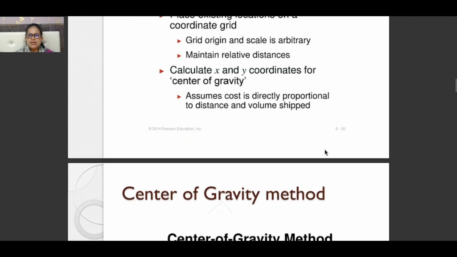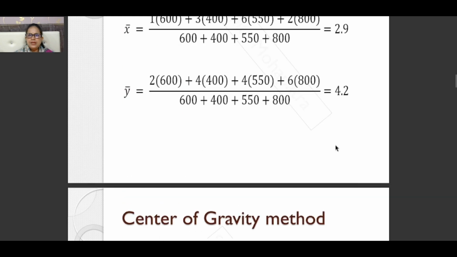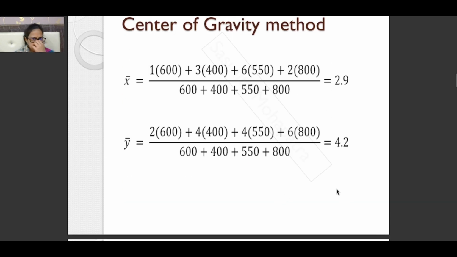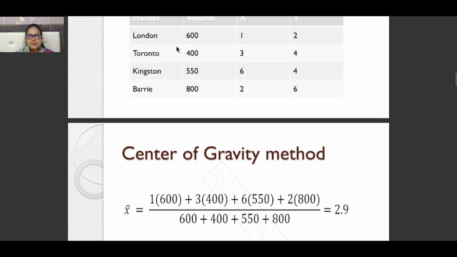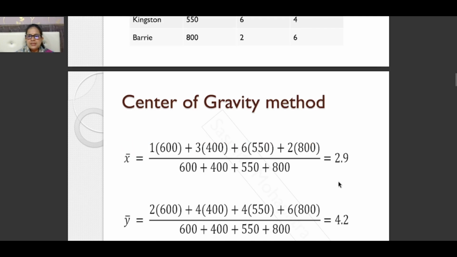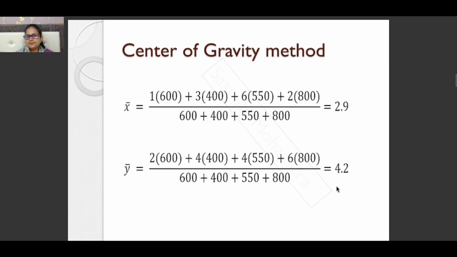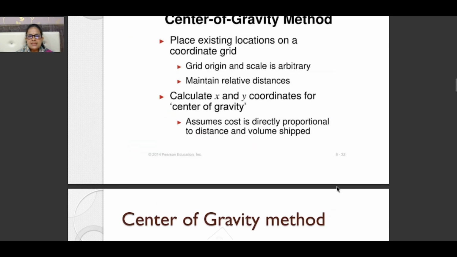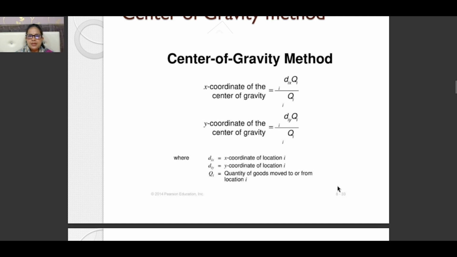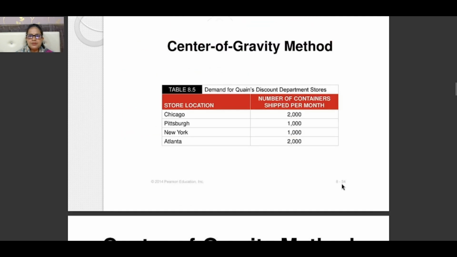We'll have a central location of these 4 coordinates at 2.9 and 4.2. We can draw a graph and identify this point. This will be our central position. We can discuss another question here.